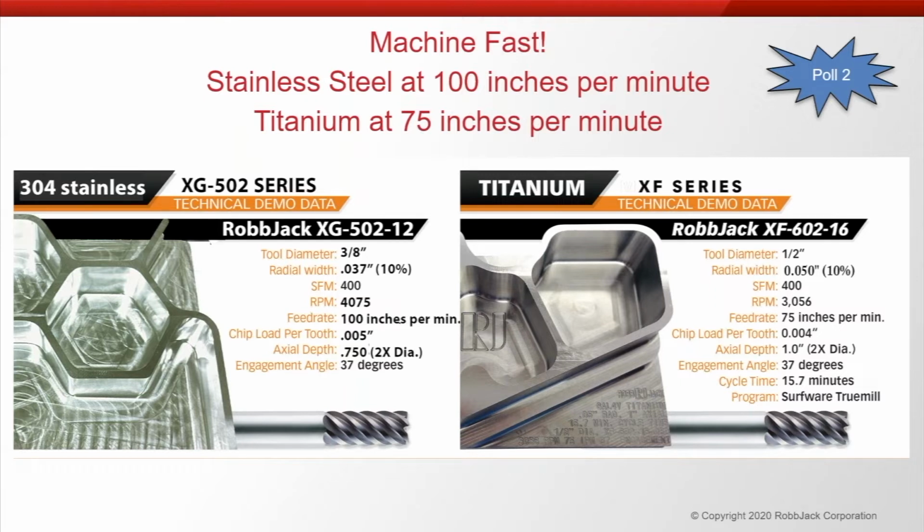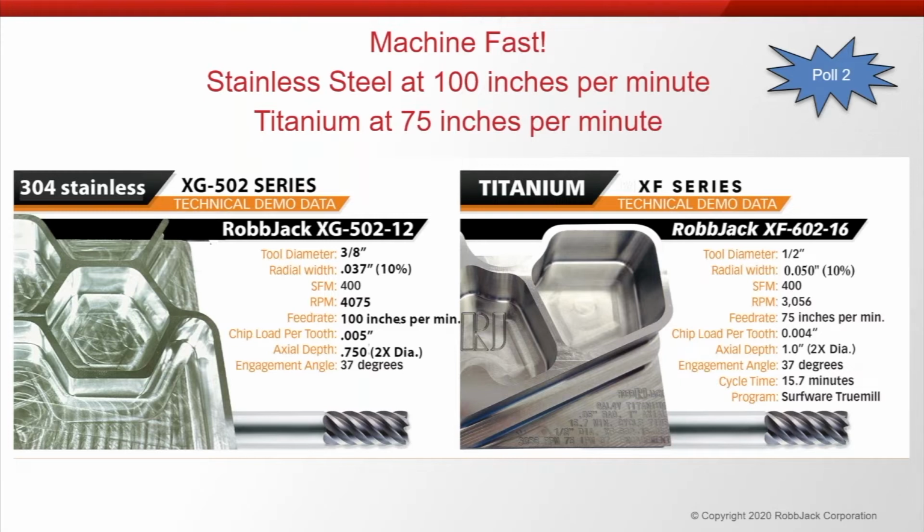If people had major issues, like on the first poll, tools breaking, we'll try to address those things and help you out. But here's two examples of what we're able to achieve when using the new high efficiency tool path. Much faster speeds and feeds.